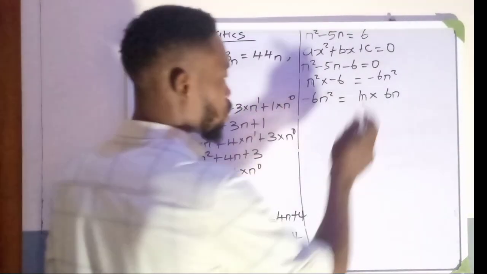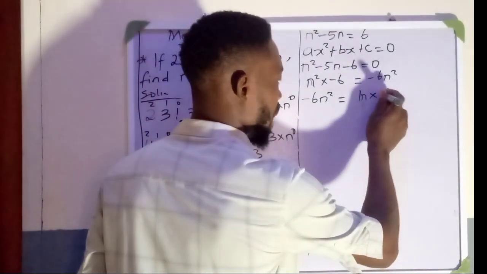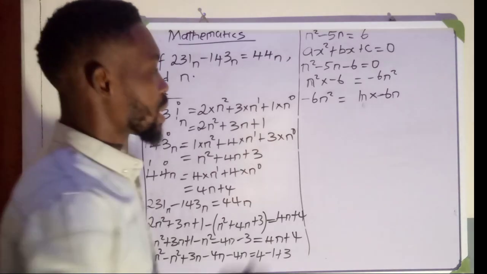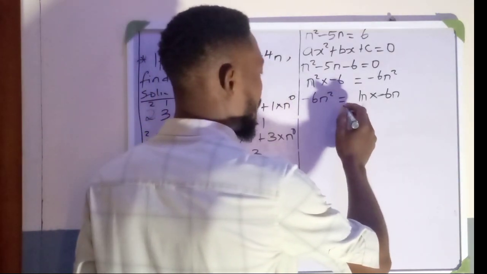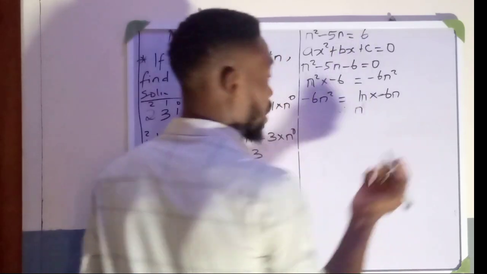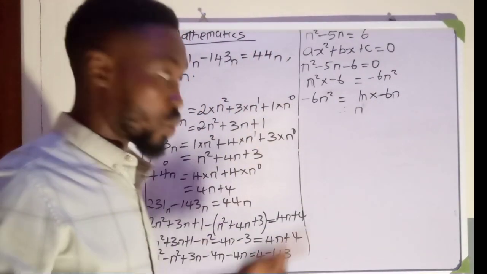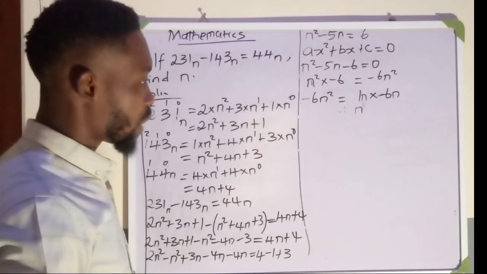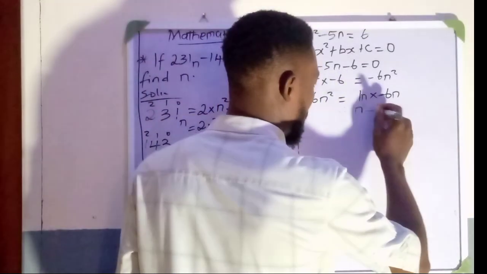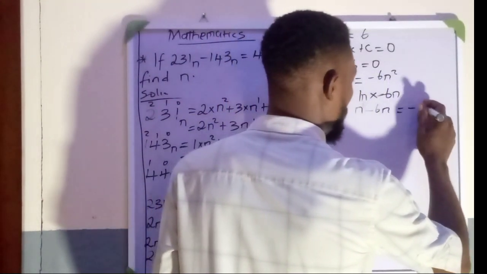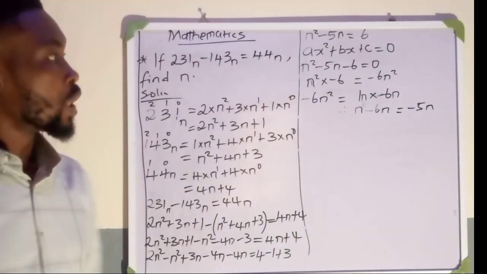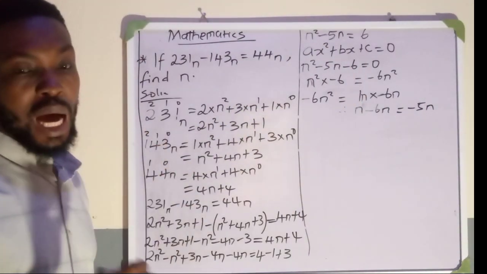So to be able to do that, my minus should be here on 6n, right? Such that n minus 6n is equal to minus 5n, which corresponds with that linear term.